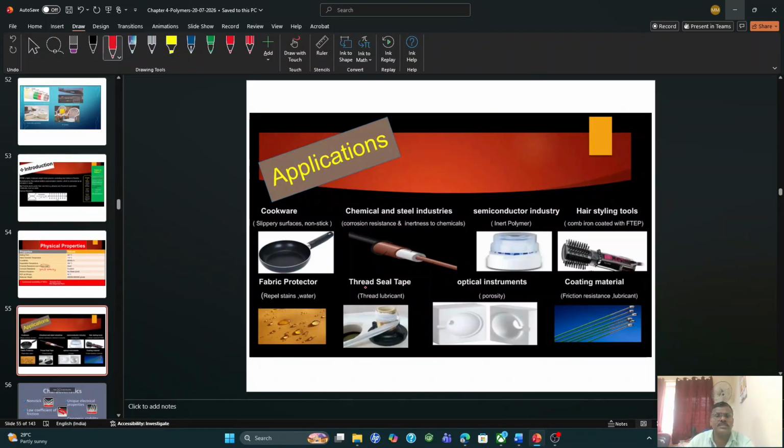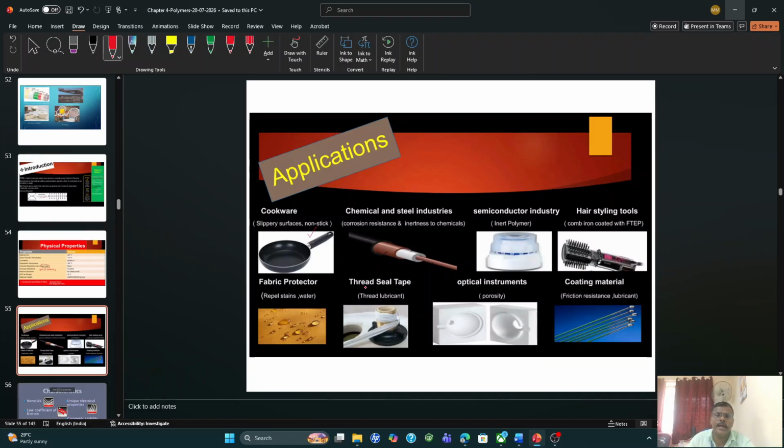Applications. You can see here Teflon. Teflon coated pan. We use it for making dosa and all. Non-stick tawa we used to say. And also corrosion resistance in steel industries. Okay, semiconductor industries we use this. And hair styling tools. These are all made up of Teflon materials.